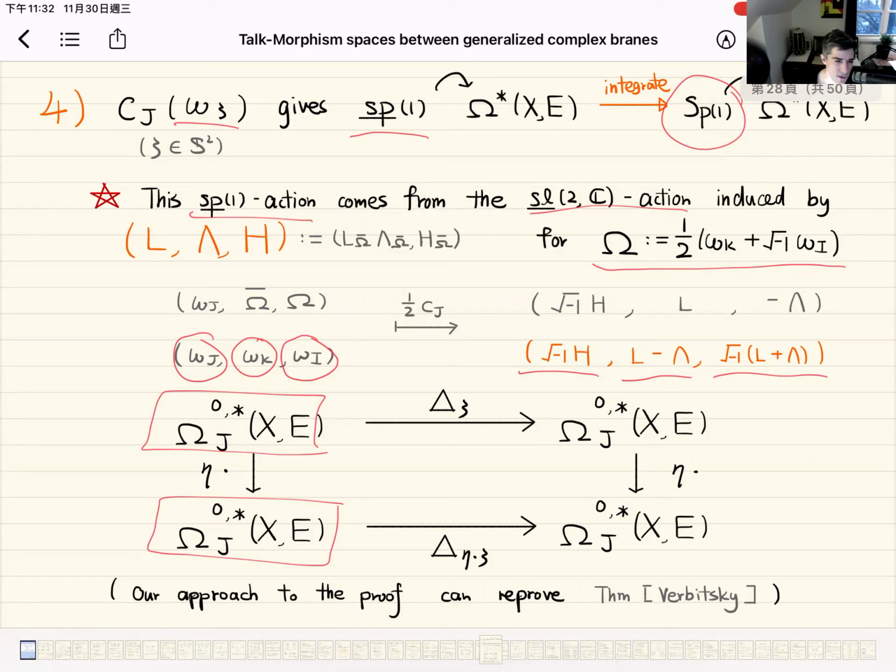So is that because you started with an SP4 action, but you used part of that symmetry in order to somehow write it in terms of... I want to find another subgroup of the big group SP4C, which is isomorphic to SP1. But that SP1 is different from the natural SP1 given by the IJK. Yes. And this SP1 action is basically given by the lattice operator with respect to the holomorphic symplectic form. And it intertwines the S2 family of the second order differential operators.